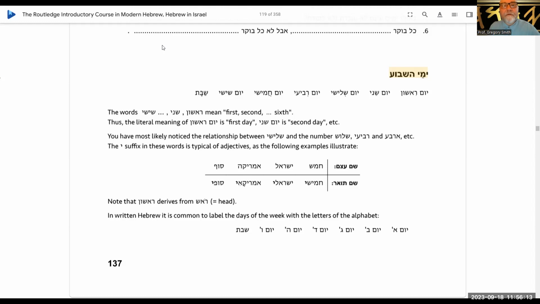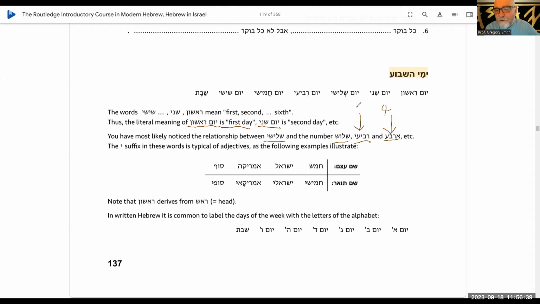Okay, so basically the literal meaning of Yom Rishon is the first day, Yom Shani the second day. You have most likely noticed the relationship between Shlishi and the number Shlosh. And Revi'i and Arba, which is like the number 4.